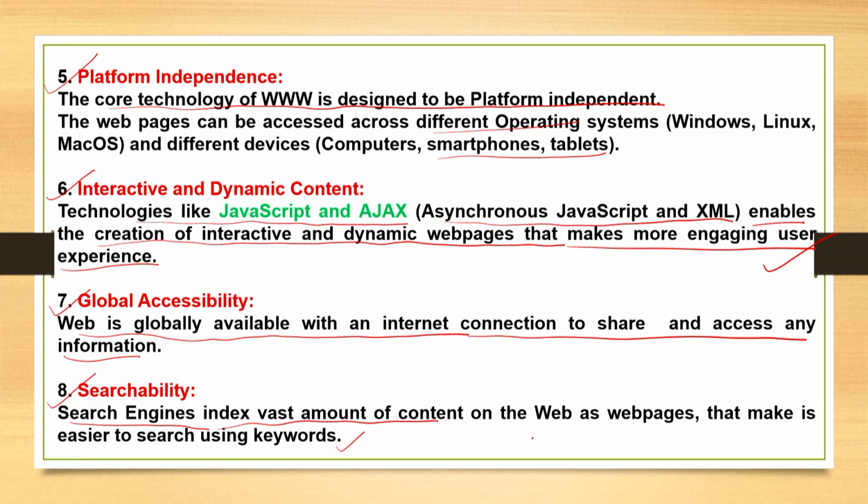We have already experienced it with google.com. Anything you want to search, you just write in the text box, and there you get the list of websites in which this particular keyword appears.